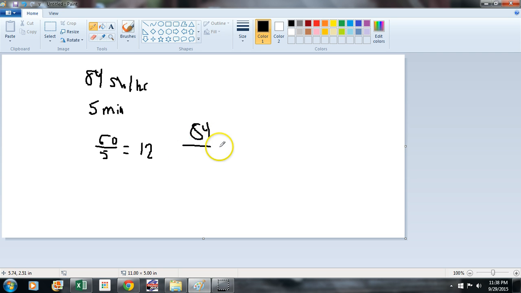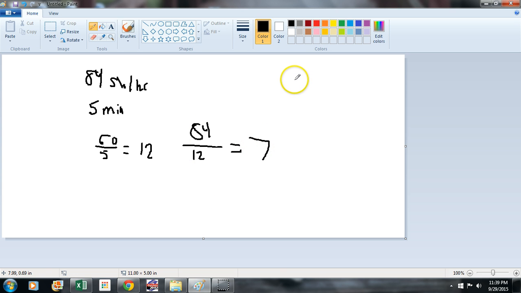84 shoppers. So you may ask, why 12? But these are the units. So there's 12 units that are being broken up into these 84 shoppers per hour. So we've made this conversion. So if we divide this by 12, we get the answer of 7.